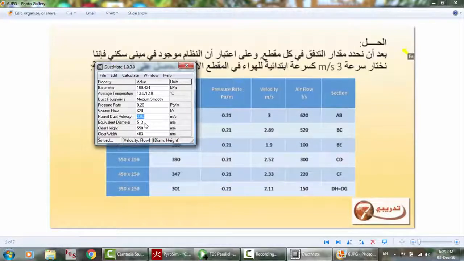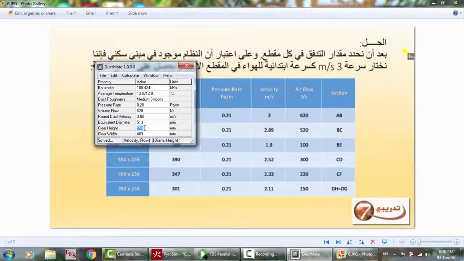And here is the equivalent diameter. If you use a round duct, so 513, this is the diameter. If you will install a rectangular duct, the clear height is up to the architectural engineer. If you have a suspended ceiling 1 meter, you are allowed to use this height, but you have to know that it's around 55 centimeters.